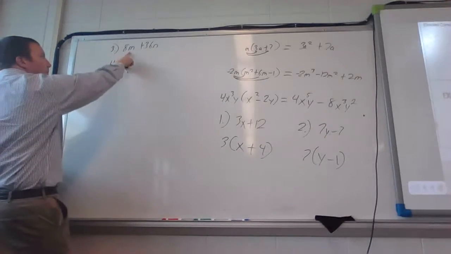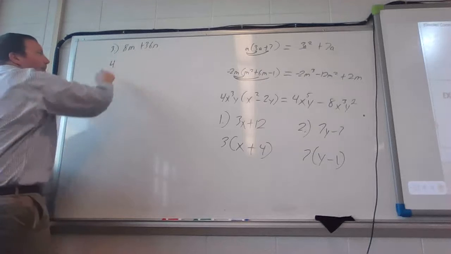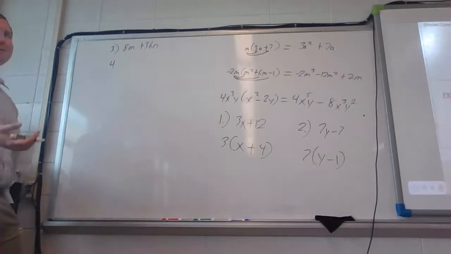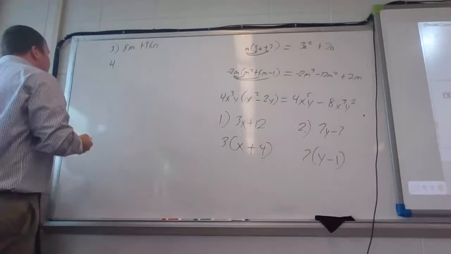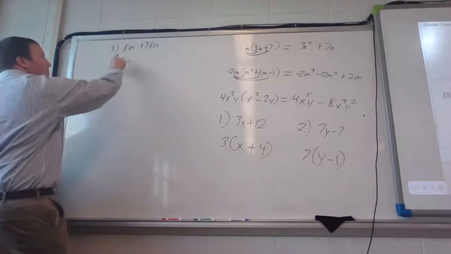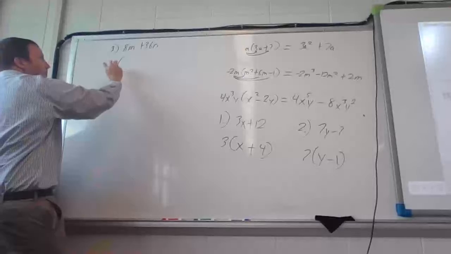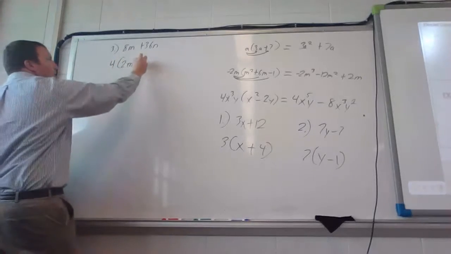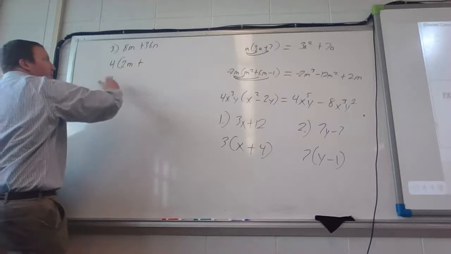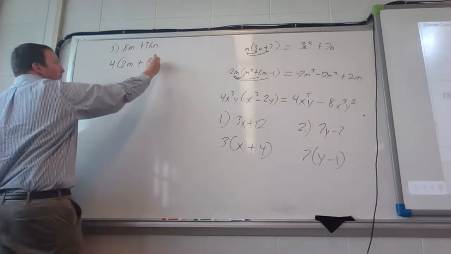We can divide them both by 4. Now in this case, they both have variables. However, those variables are not the same, so we cannot take out either of those two variables. So we can divide by 4. So 8m divided by 4 leaves me with 2m. And 36 divided by 4 leaves me with 9m.